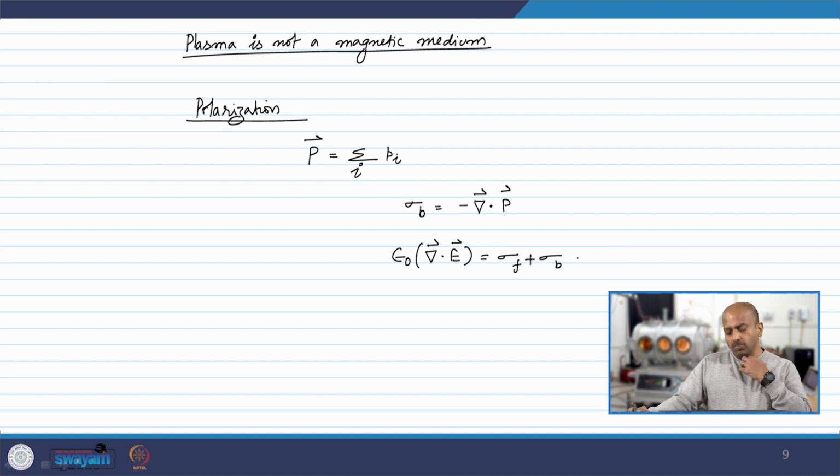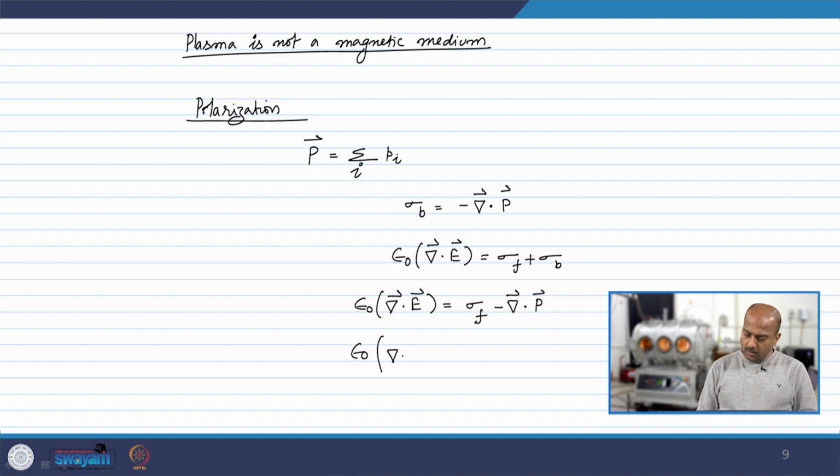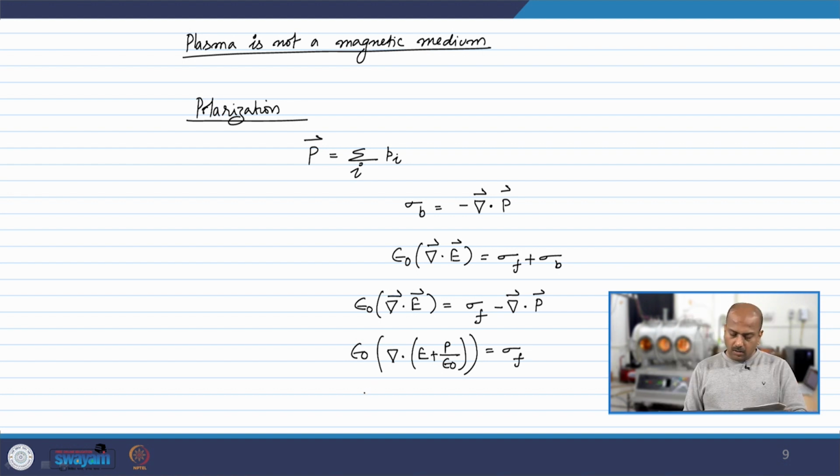So, if you want to write it in a simple form, using this sigma_b, we can write epsilon naught times del dot E is equal to sigma_f minus del dot P, or epsilon naught times del dot E plus P by epsilon naught is equal to sigma_f, or we can write it as del dot (epsilon naught E plus P) is sigma_f.